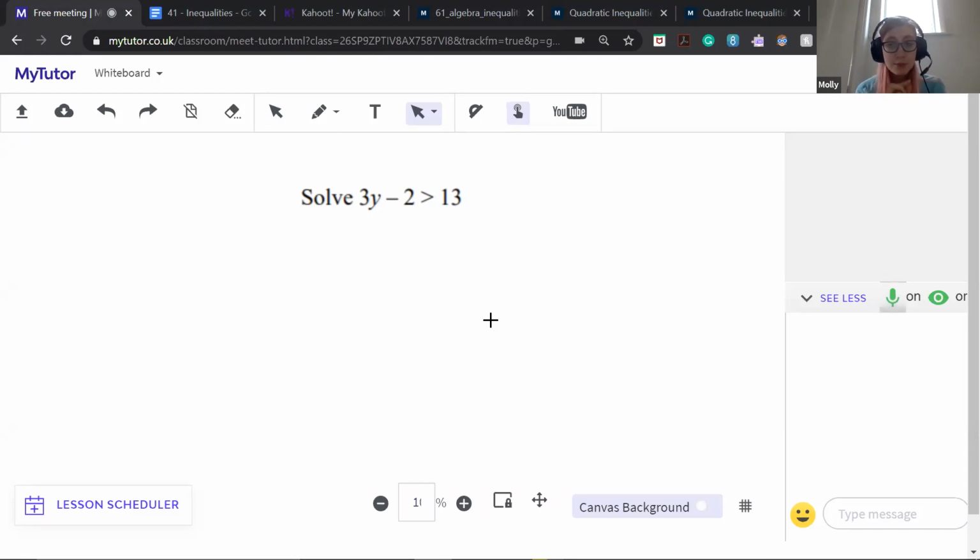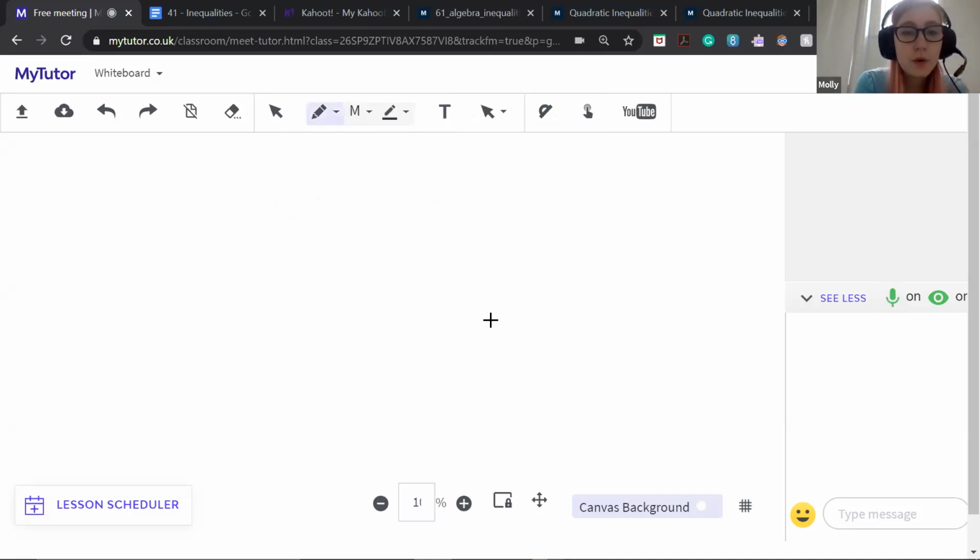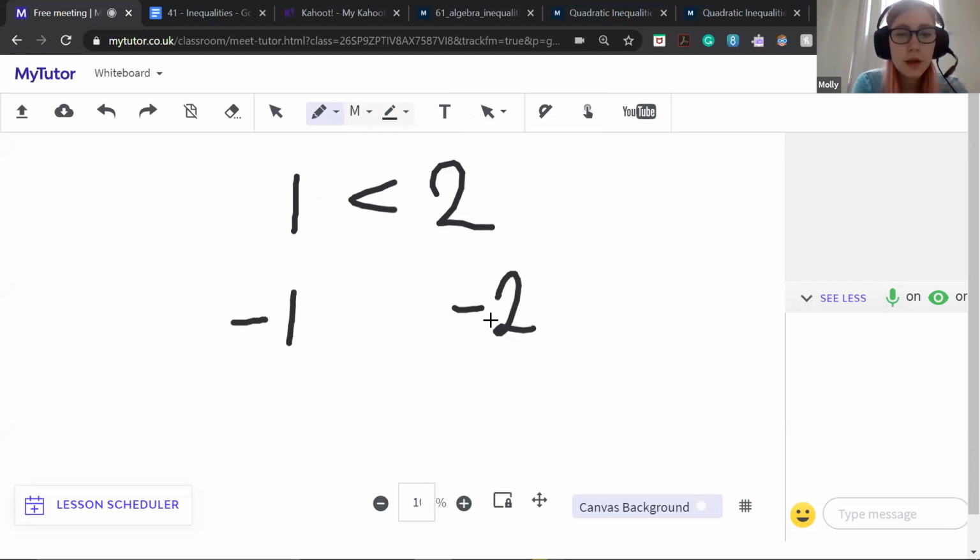I'll show you some examples of that. The reason is, 1 is less than 2, right? However, what if I multiply that all by -1, i.e. -1 and -2? Well, -1 is actually greater than -2. Because once you go into negative numbers, the smaller the actual bit of the number, the bigger it is.